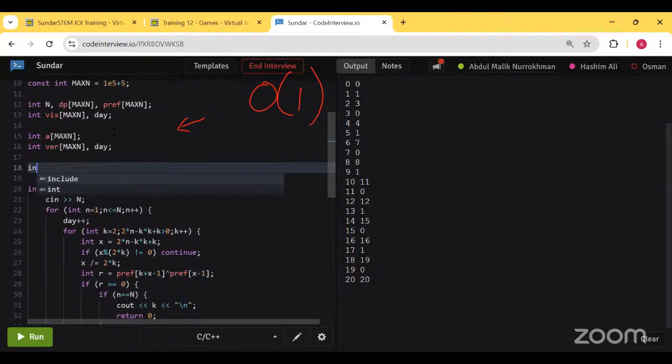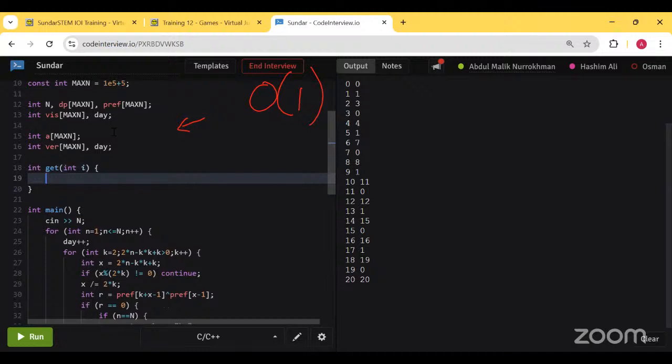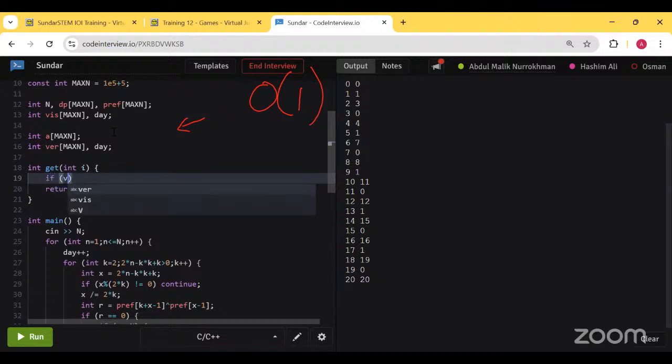And then if we want to access the value at index i, don't just return A[i], but we have to check whether the version is equal to j. If the version is equal to j, then return A[i].